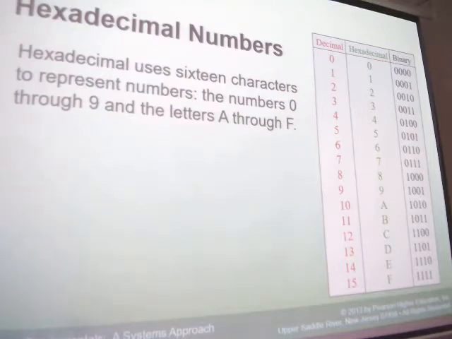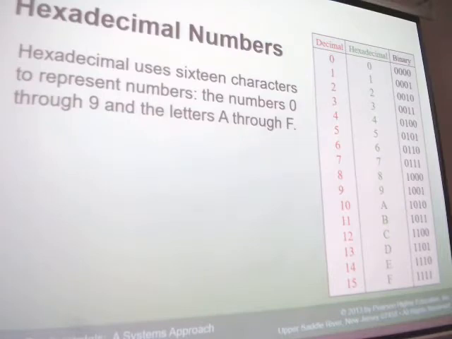And if we want to represent hexadecimal number 5, we only use 4 plus 1 equals 5. So the binary form is 0, 1, 0, 1.